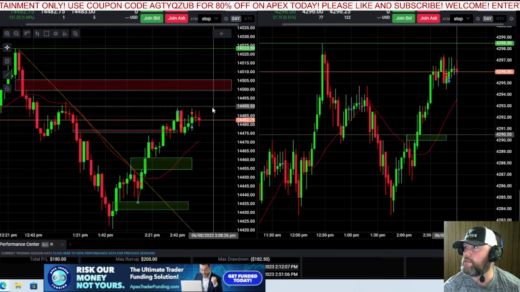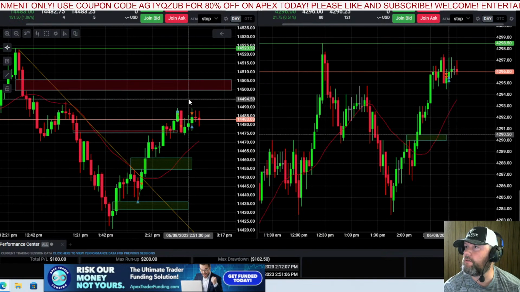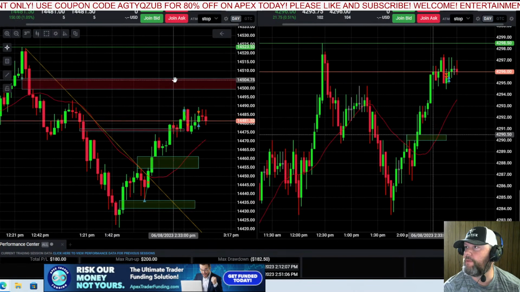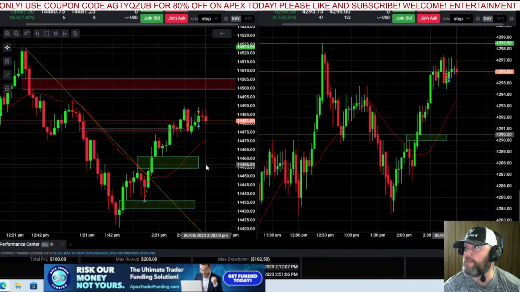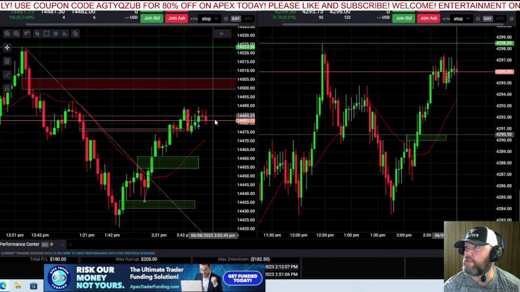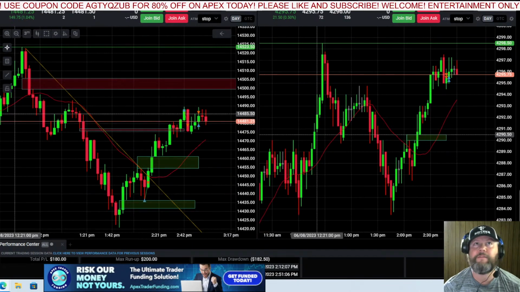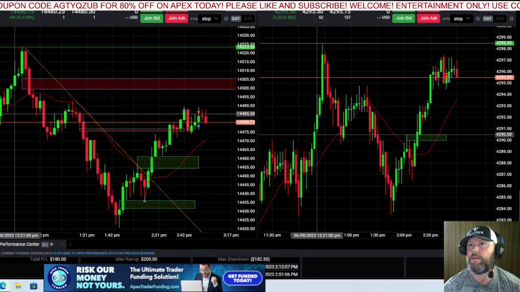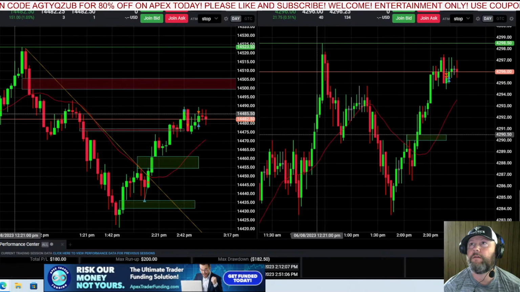Typically what you'd like to see is maybe some sort of reaction to the gap. So, for example, if it traded up into this gap, maybe get a displacement back to the downside, and then you could look to enter short off of that. But I don't typically take a trade right off of the 15-minute gap. We try to get a reaction to that zone and then go from there.